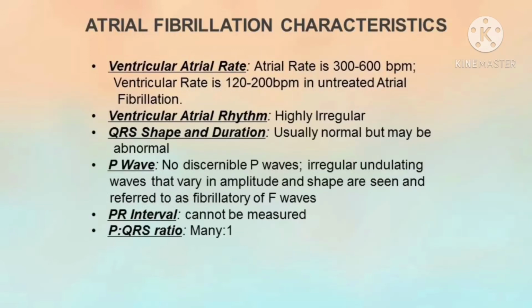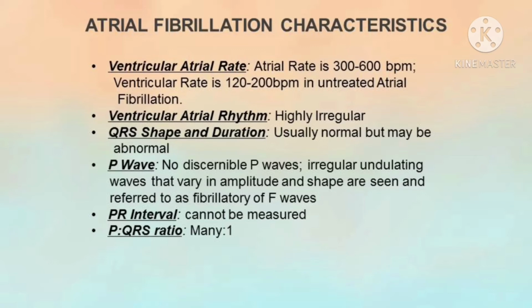Atrial fibrillation characteristics: ventricular and atrial rate. Atrial rate is 300 to 600 bpm. Ventricular rate is 120 to 200 bpm in untreated atrial fibrillation. Ventricular and atrial rhythm is highly irregular. The QRS shape and duration is usually normal but may be abnormal.